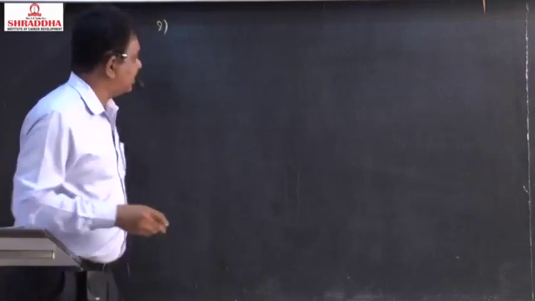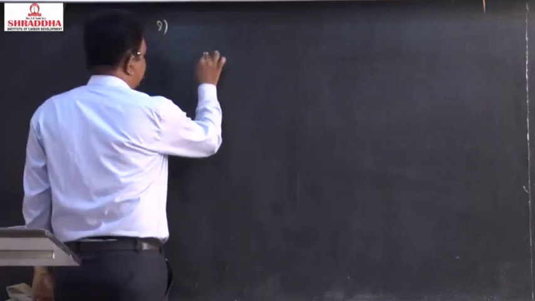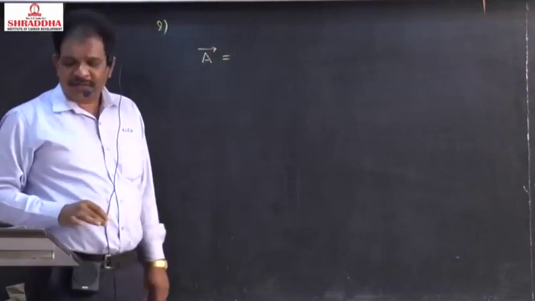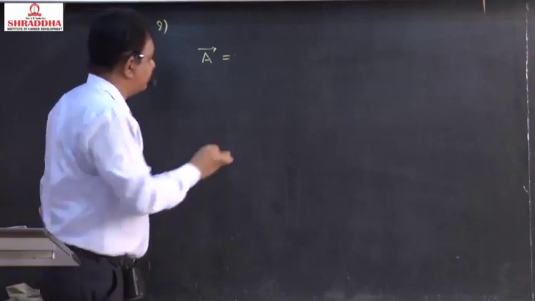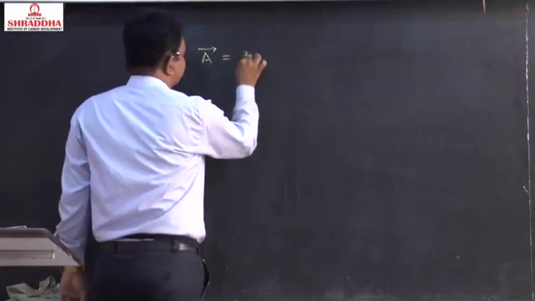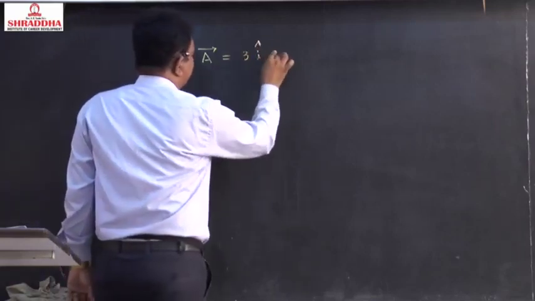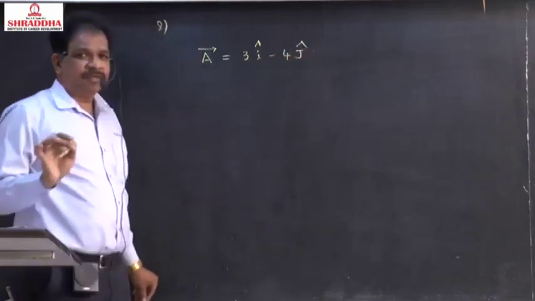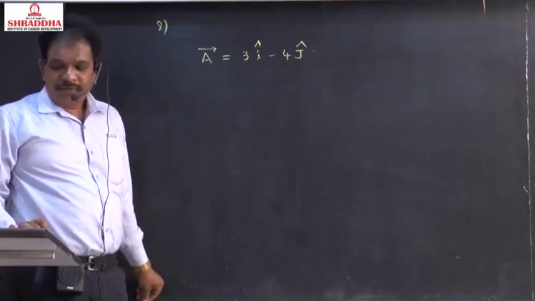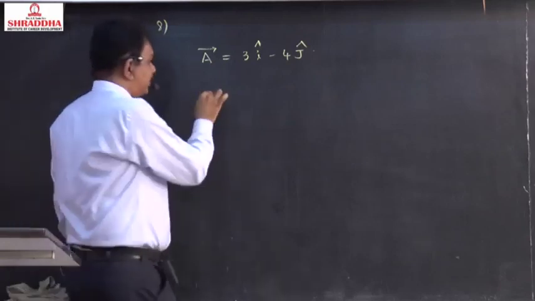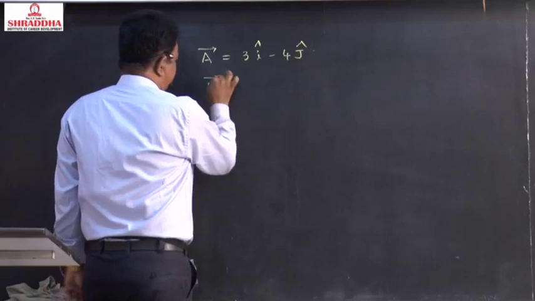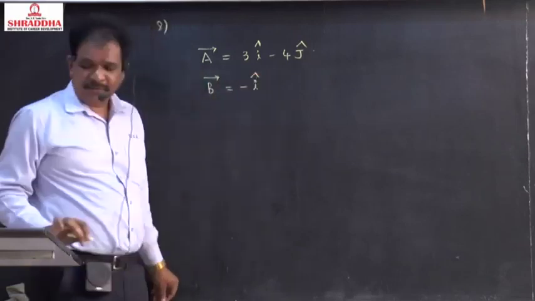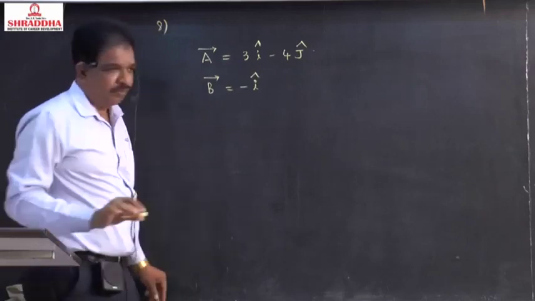Two vectors are given. A bar is 3I cap minus 4J cap, that is the A bar value. B bar value, they have given as minus I cap minus 4J cap.